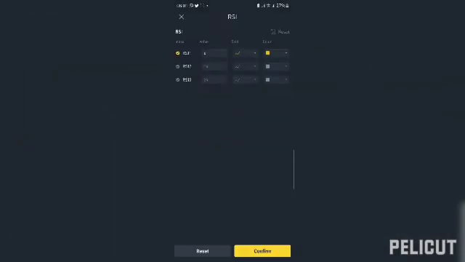Then you can choose. You can use RSI 6, RSI 14, or RSI 24. Okay, let us use RSI 14 and see what it will look like. I will just turn off the RSI 6 and turn on the RSI 14.